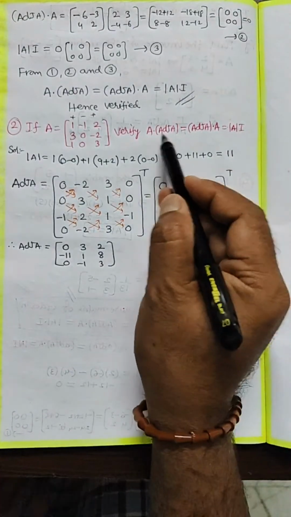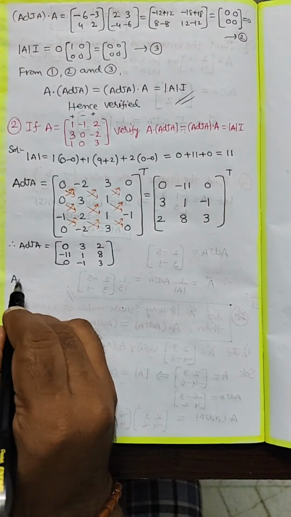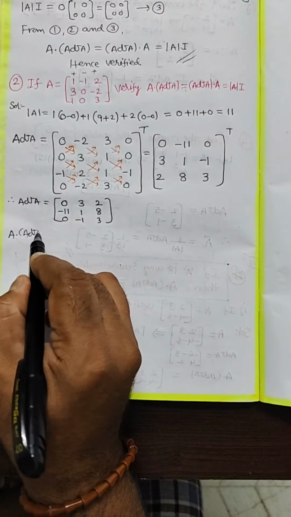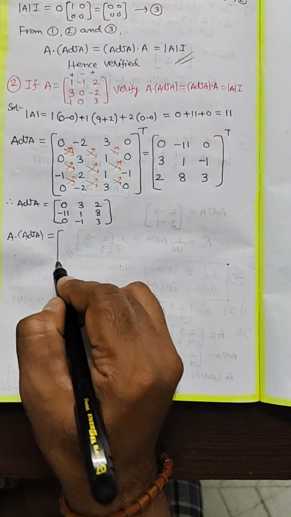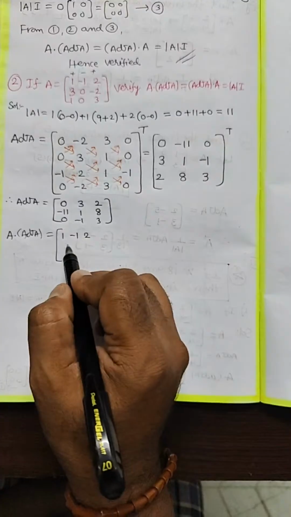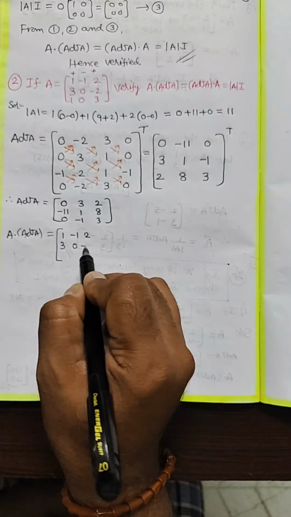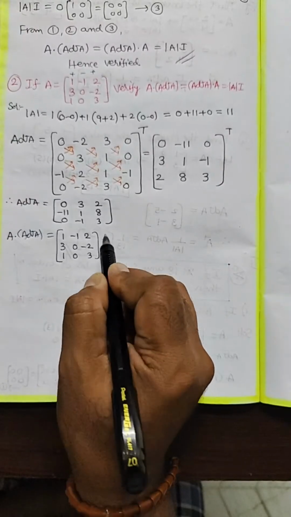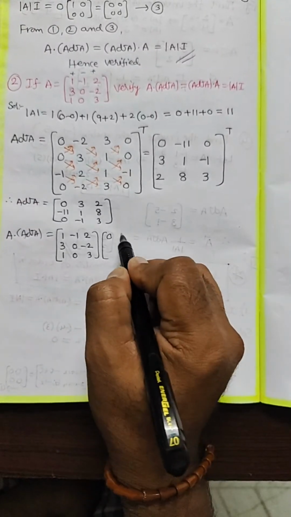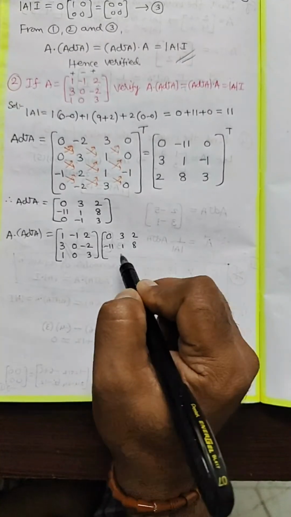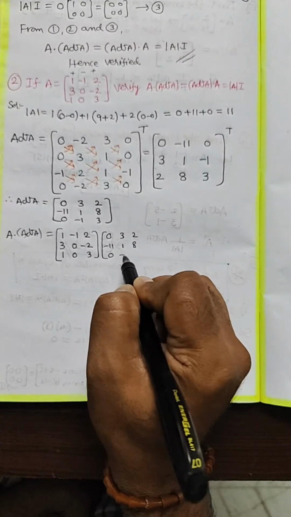One by one. A into adjoint A. So what is A matrix? 1 minus 1 2, 3 0 minus 2, 1 0 3 into adjoint A, 0 3 2, minus 11 1 8, 0 minus 1 3.